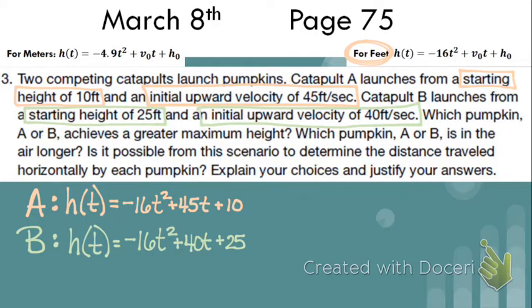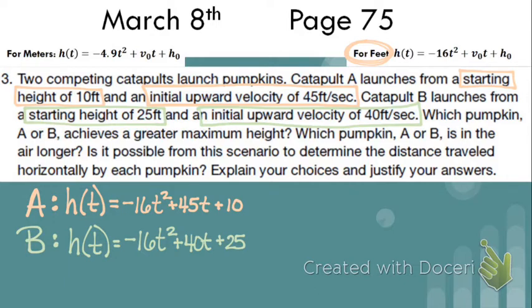How long did it take to do that? Yep, right about 1.5 seconds. So about 1.5 seconds, it reaches its maximum that's a little bit more than 41 feet, in between 41 and 42 feet. You can just click on the point and see.